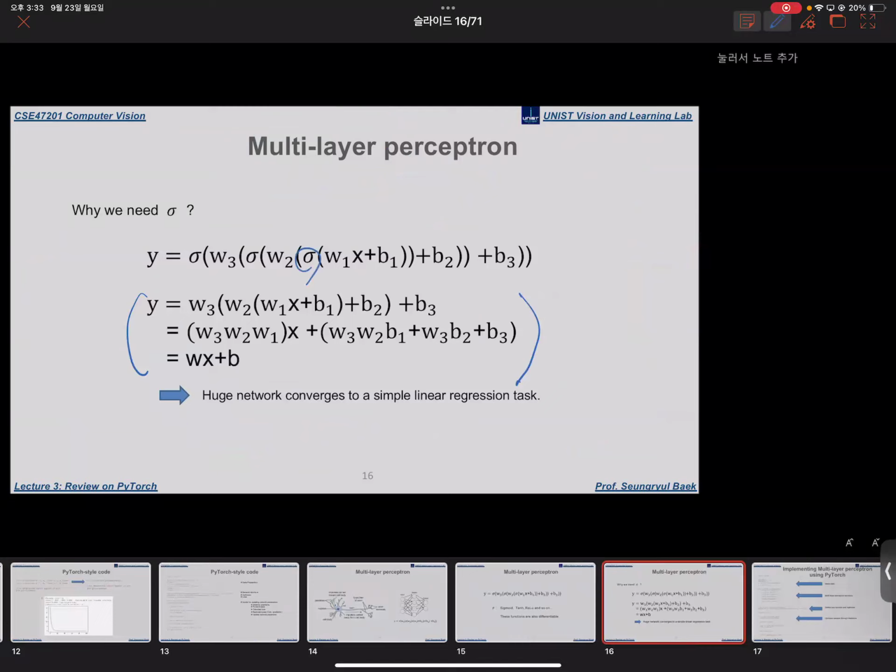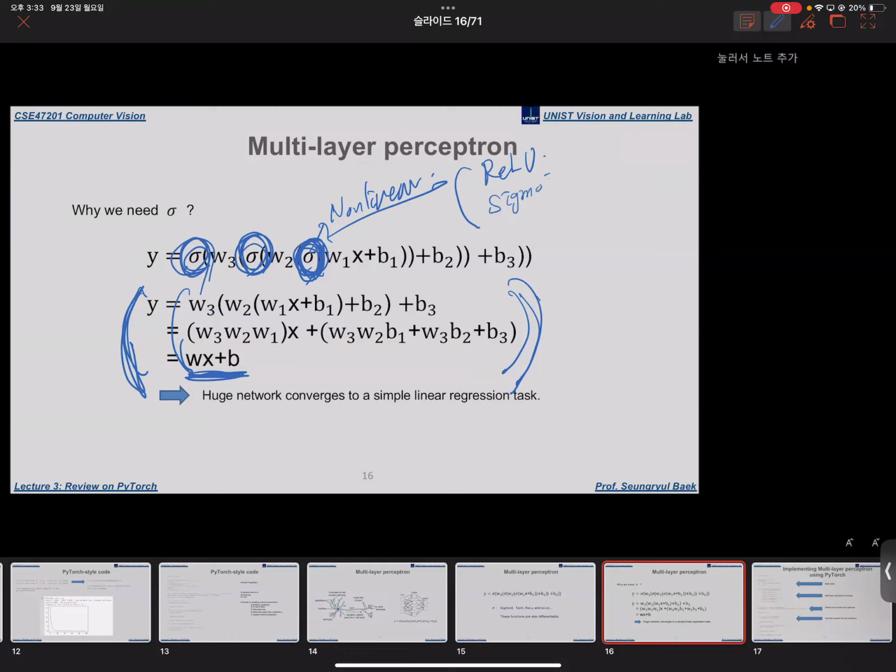Without these activation layers, which are the nonlinear component, the entire multi-layer perceptron becomes another huge linear operator. This is not a desirable characteristic. So to prevent this, we apply some nonlinear operation in the middle of these MLP layers. For this nonlinear layer, we will use ReLU, and some sigmoid or hyperbolic tangent we saw in the last class.